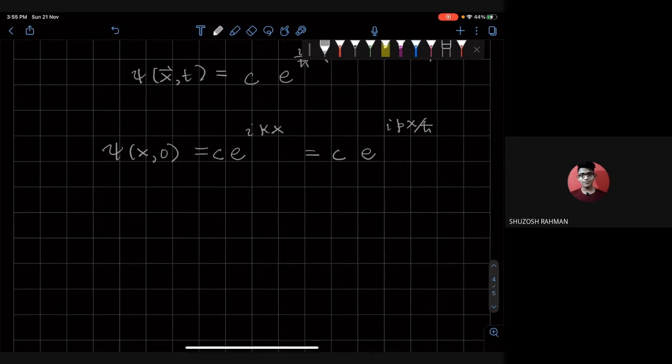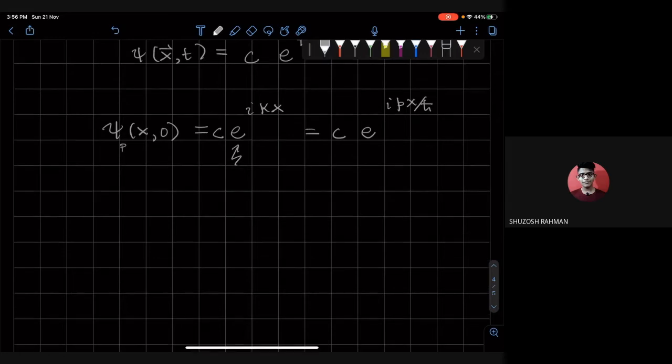Now, if this is a solution, we can take an arbitrary linear combination. So let's call it psi p or something. If this is a plane wave solution, then what is the time evolution of the solution?